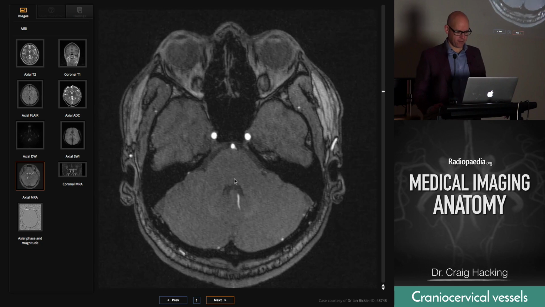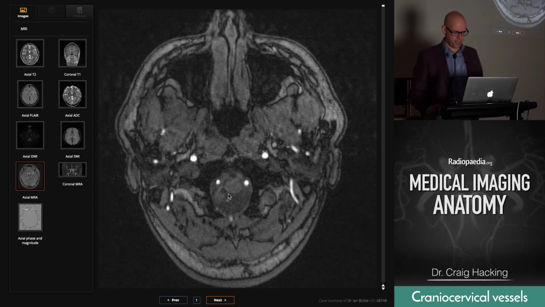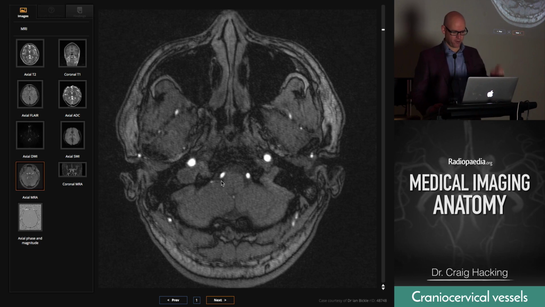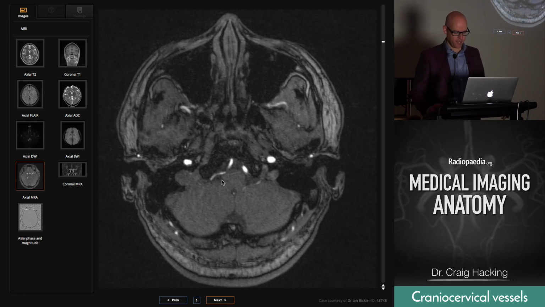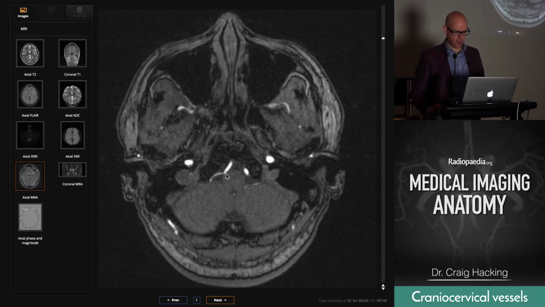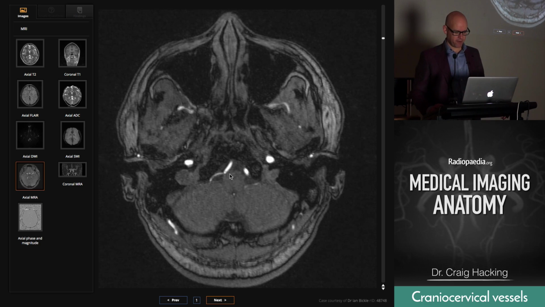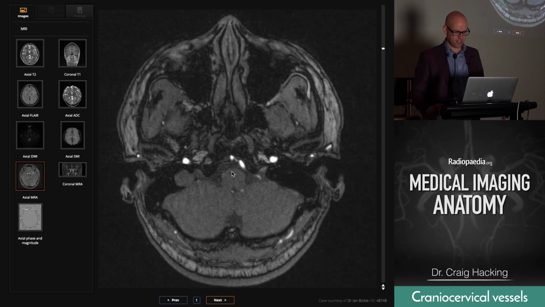We go back down, there are a couple of branches in those vertebral arteries that are worth knowing. There's often this little tortuous one that's got a big tonsillar loop, which is a way to find it. This is the PICA, the posterior inferior cerebellar artery. So it comes off the vertebral artery as it's sitting off to the side or anterior to the medulla.